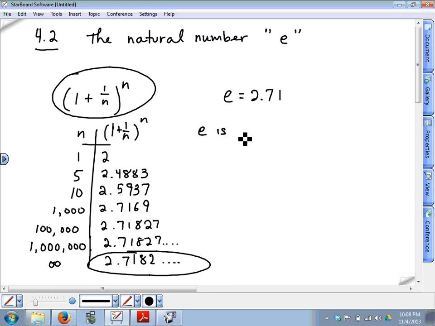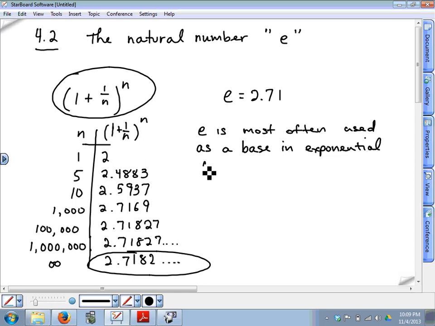Now E is most often, almost exclusively as a matter of fact, used as a base in exponential functions.